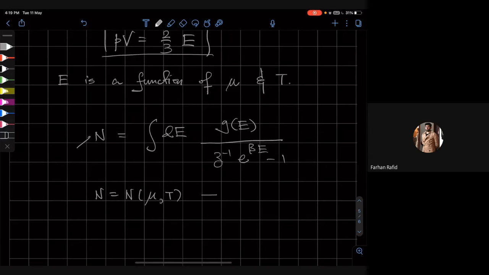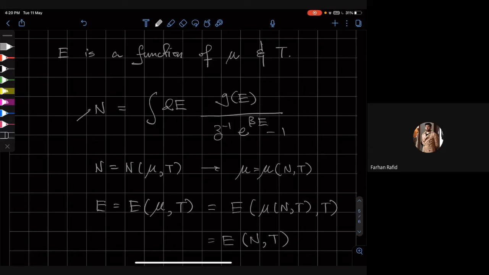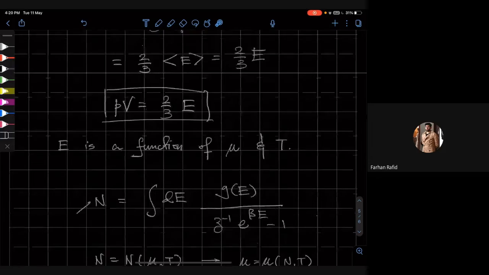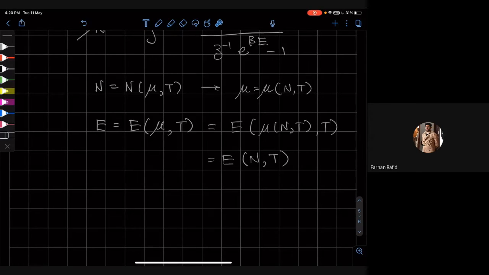Once we have done this, we can invert this equation and find mu as a function of n and T. Then we go to the expression for E, which is a function of mu and T, and plug in this mu as a function of n and T, and then we get some expression for E as a function of n and T. So once we have done this integration and inverted this, and eliminated mu from this expression, it's only then that we will get PV equal to some expression for E in terms of n and T.